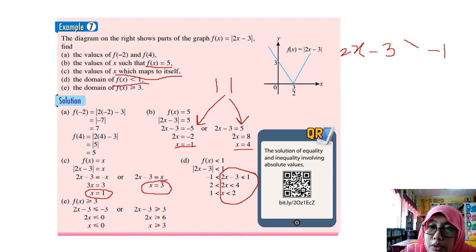Kamu kena tukar simbol terus sebelah kanan. Okay, simbol sebelah kanan ni sebenarnya kalau kamu tengok betul-betul, simbol yang kawasan yang menganga ni berada pada bahagian 2x ni dekat sini. Jadi sama je sebenarnya bentuk ni dekat sini. So that's why buku teks ni dia terus compress, dia terus simplify, terus buat jawapan in between negative 1 lesser than 2x minus 3 lesser than 1.